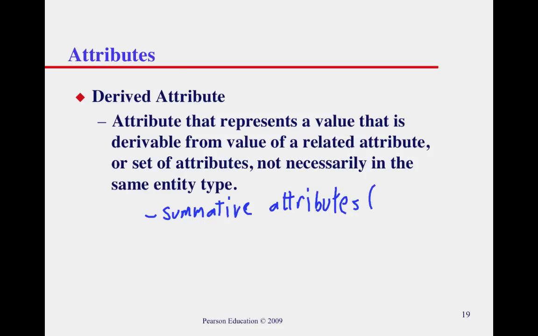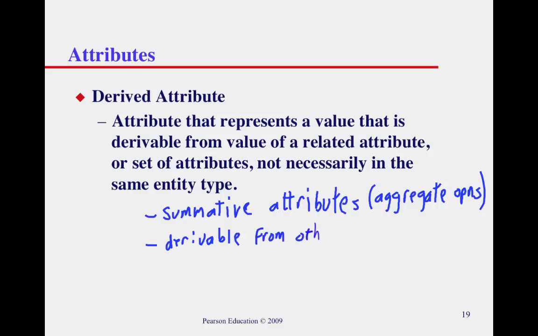These you get from aggregate operations. So count, average, sum. These are attributes you might wish to have, but you don't explicitly represent. Then there are ones that are derivable from other attributes in the same relation.